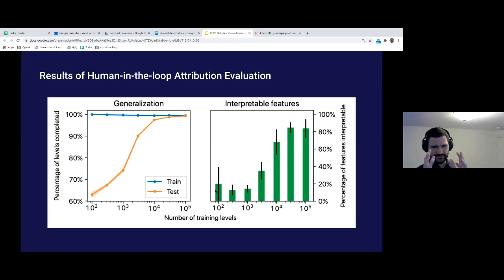As in, if a human breaks down the network, they can only understand roughly 1 in every 5 features or individual components of the network and what they're doing. Whereas as a model is trained on more and more training levels, the amount of features that are interpretable to humans goes up to 4 out of 5.